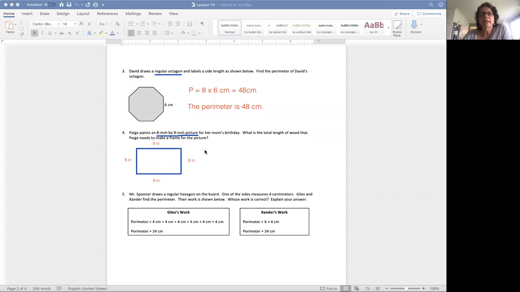Okay, so 2 ways, again, we can find this perimeter of this rectangle. We can write P equals, and we can add up all the sides. So we could write P equals, we could write 9 inches. So go ahead and write your number sentence as well. You have 4 numbers you're adding for the 4 sides.